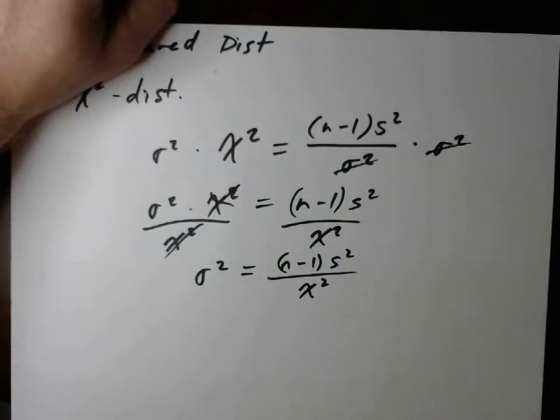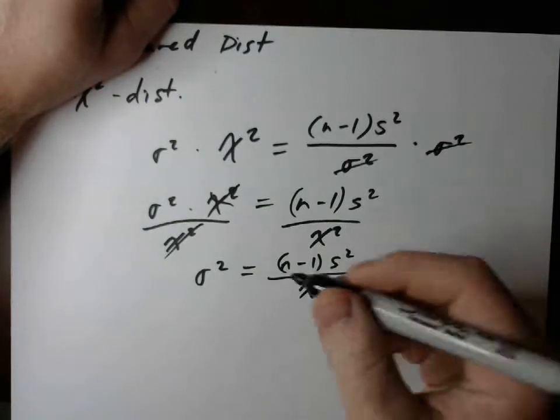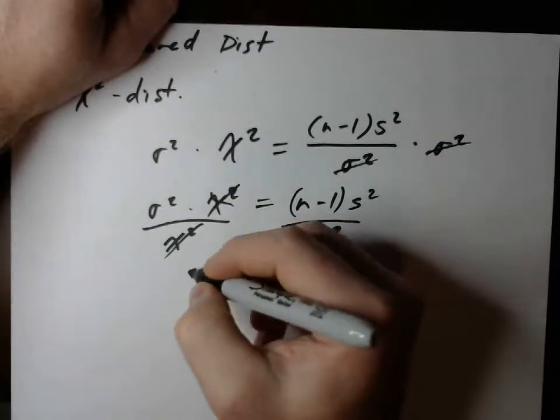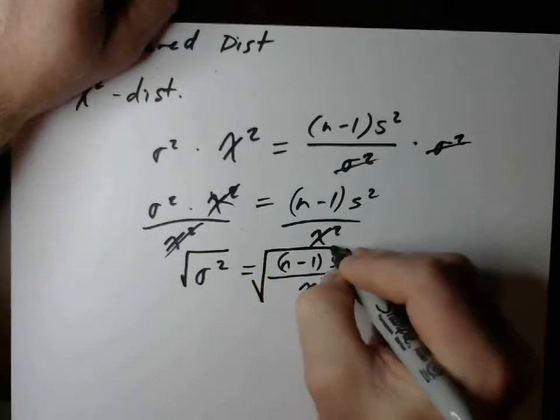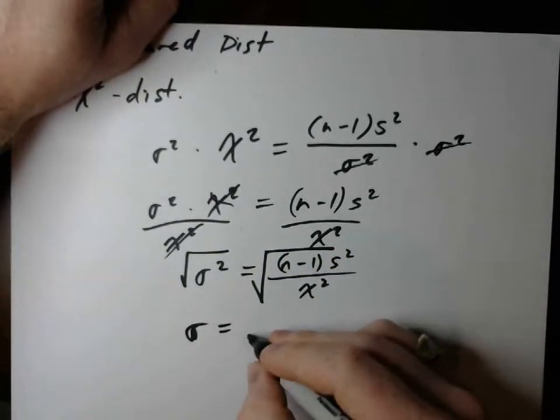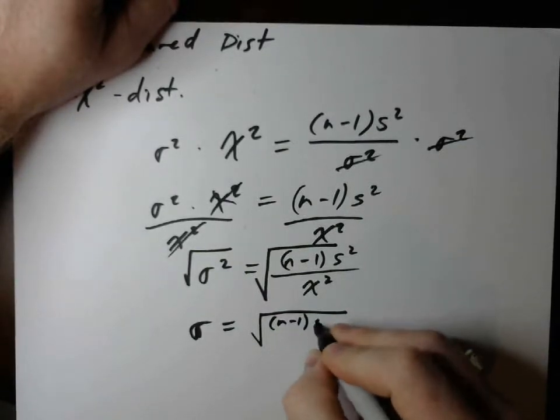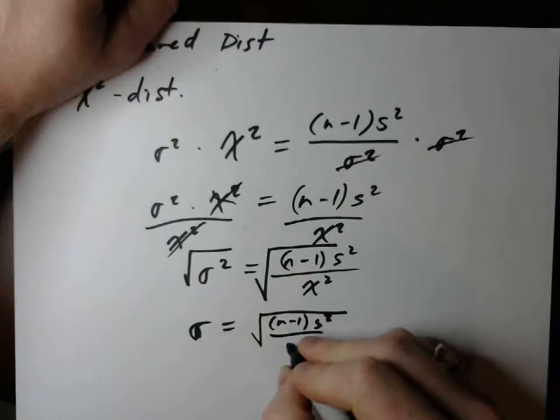And actually, lastly, we would take the square root of both sides. So we would obtain sigma equals the square root of n minus 1 times s squared over chi-squared.